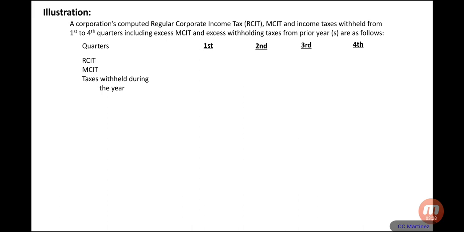So, for this first quarter, we have 200,000 na RCEIT, MCEIT 160,000. Taxes withheld for first quarter is 40,000. Again, guys, given pa lang to. Okay? For the second quarter, we have 240,000 RCEIT, 500,000 MCEIT, and taxes withheld during the year, 60,000. For the third quarter, we have 500,000 RCEIT, MCIT 200,000, and taxes withheld during the year, 80,000.